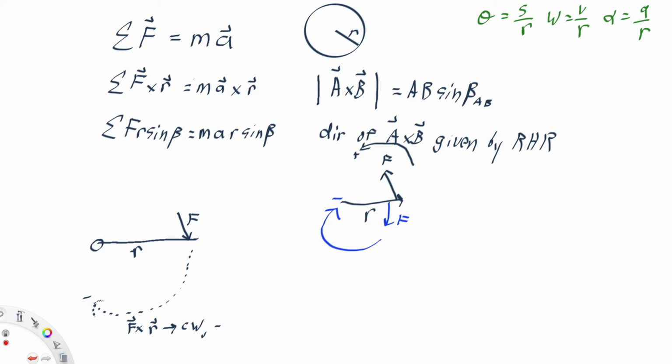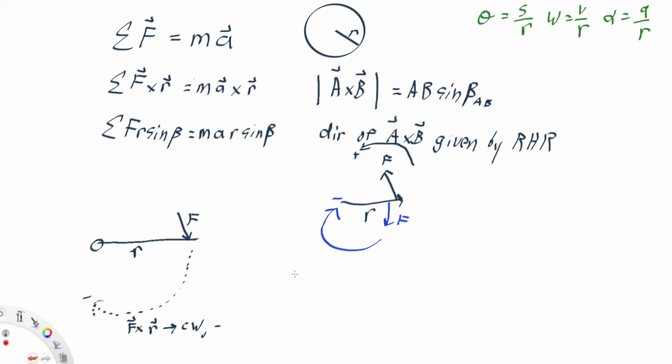Yeah, so clockwise and counterclockwise, that's why we're going to talk about it here. If we were being more precise, we would talk about rotational axes pointed in the positive or negative z direction. That is another way to think about this.